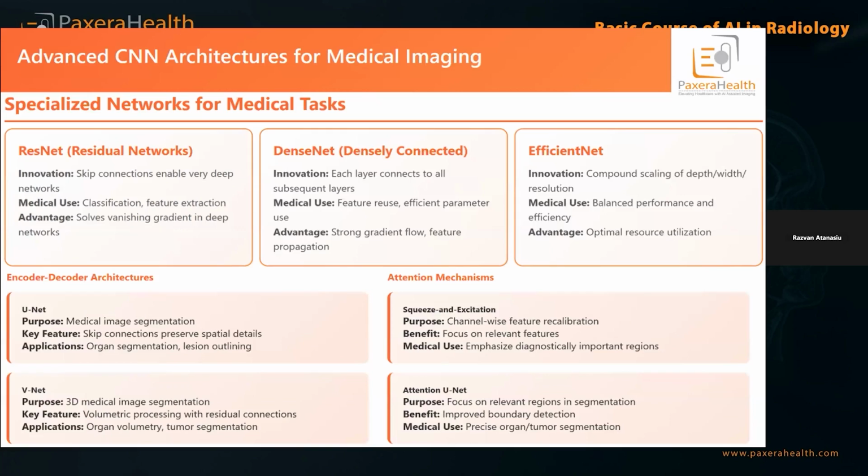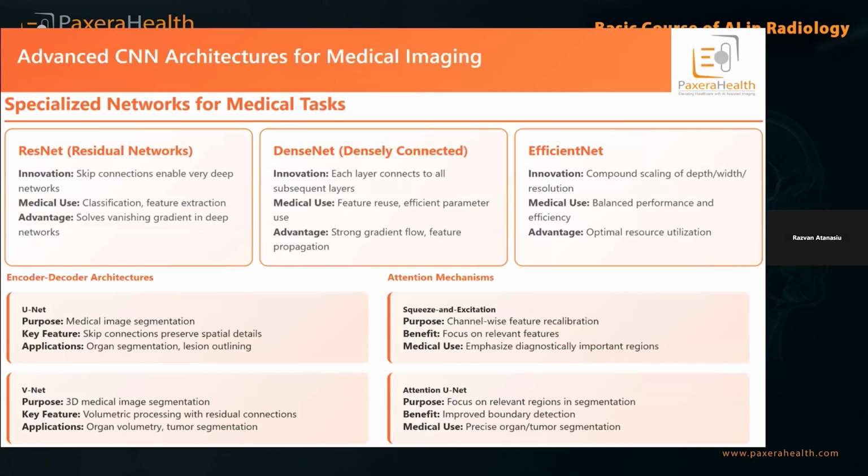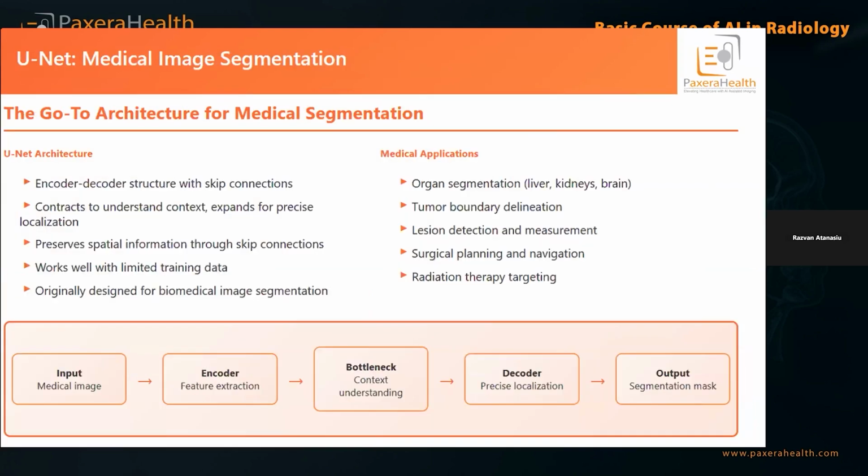This slide is giving you an idea of how things work. And then, of course, there are two major architectures here, encoder-decoder, which is also part of transformers, and the attention mechanism, which is also part of transformers.